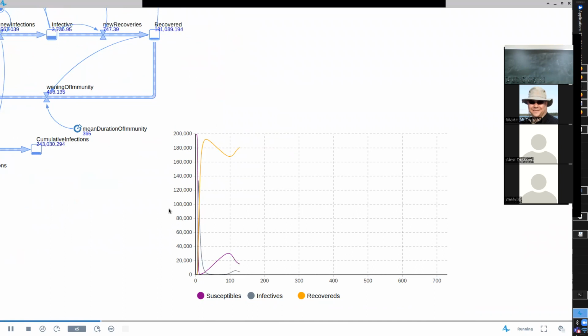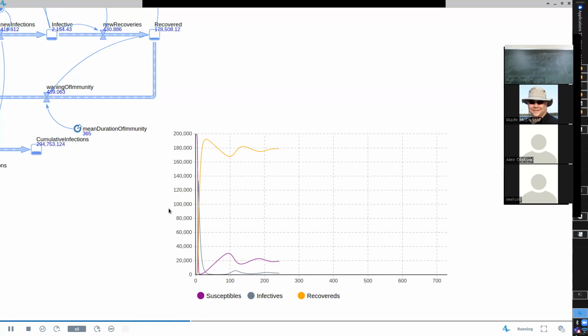Why is the number of susceptibles going up? Yeah, loss of immunity. So you see the number of susceptibles actually oscillates.